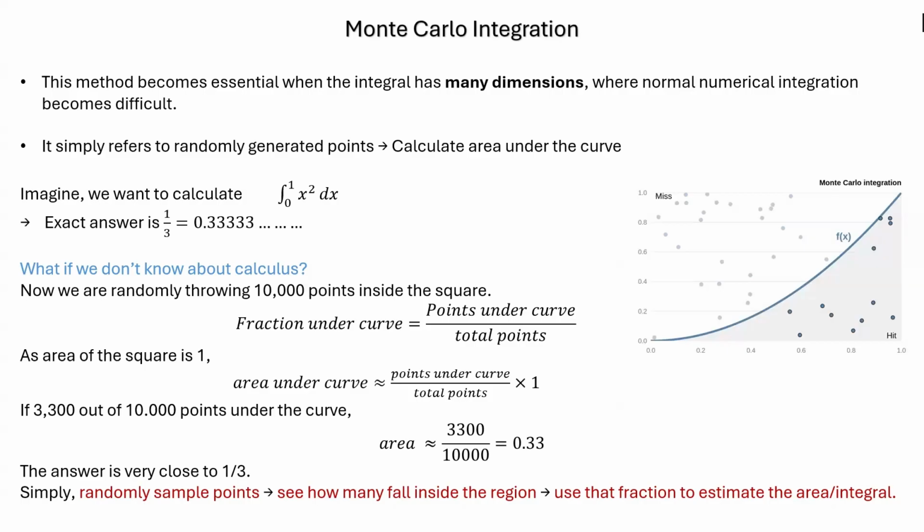And for our Monte Carlo, we put random points on the page, and we can see how many points are under the curve and over the curve, and we can work out the percentage, and then we estimate the area. So this is the main idea behind numerical integration. When an exact mathematical solution is difficult, we can use a smart approximation to get an answer which is sufficiently accurate for our purpose.